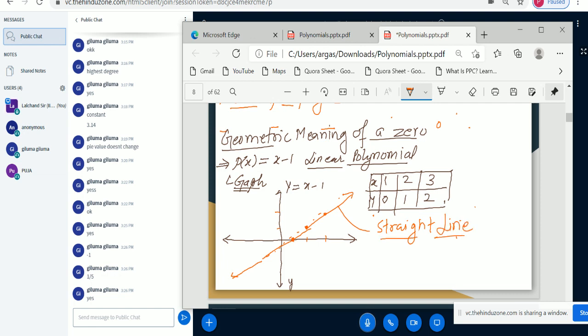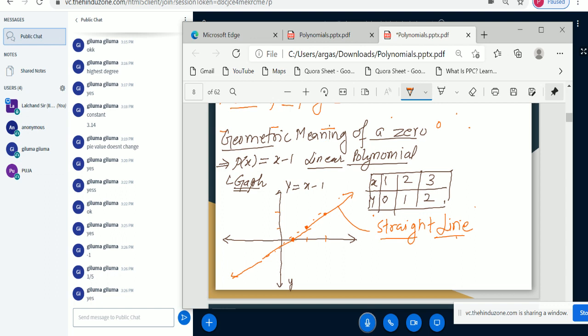Okay. So for every polynomial, if we make a plot for that polynomial, some kind of plot is there. Maybe it's a straight line, maybe some kind of curve. Always there is a plot because we are plotting some points on the graph.